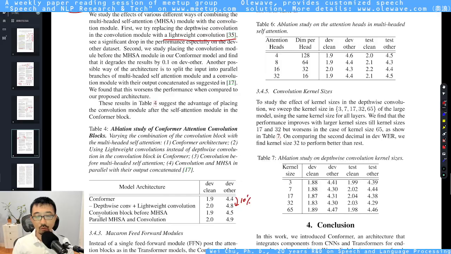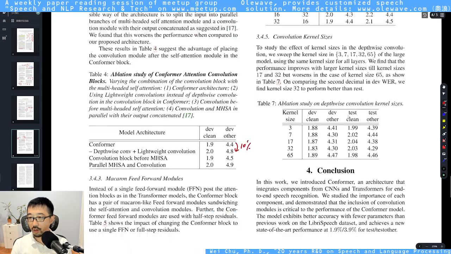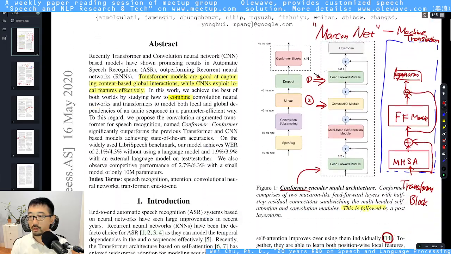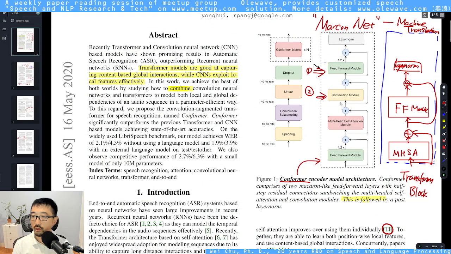They also try to change the order of this convolution block. Remember this one? You have the convolutional module here, and the multi-head self-attention here. What if you just move the multi-head attention after the convolutional module and move this forward?